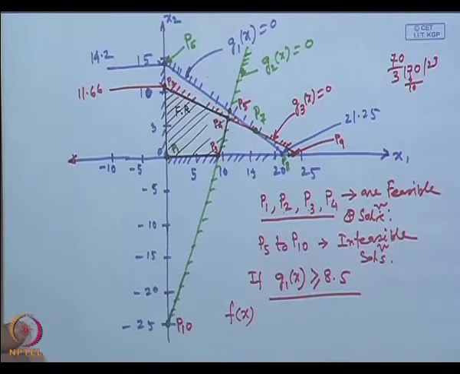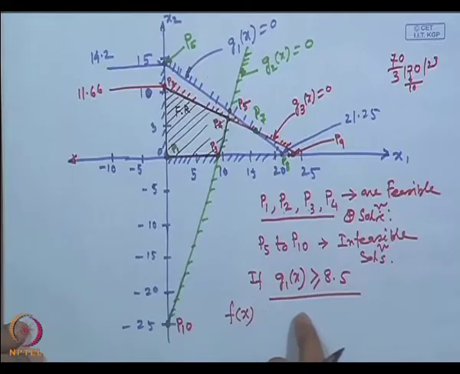Same point, if you change the function by adding a constant term to this function, it will also minimize the new objective function at the same point. That is, we have already discussed that if you add some constant term to the objective function, or multiply it by some constant factor, our optimal point will not change.